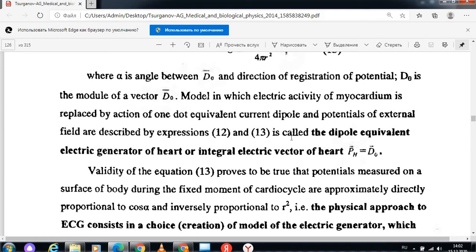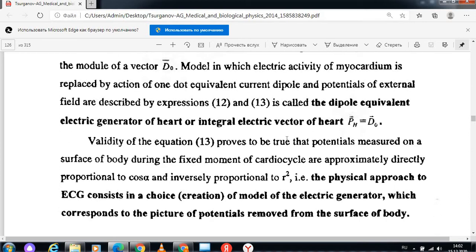So in other words, the physical approach to the electrocardiogram consists in the choice or creation of a model of the electric generator which corresponds to the picture of potentials removed from the surface of the body.